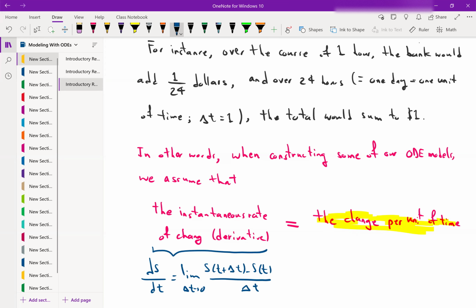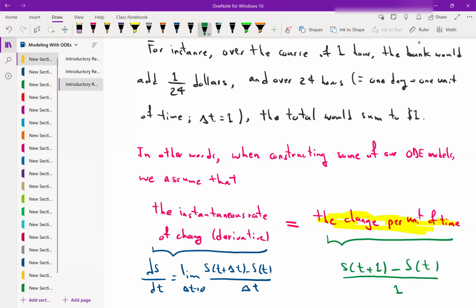And then this right-hand side is s of t plus 1 unit of time, change in 1 unit of time, minus s of t. You can also divide this by 1. Dividing it by 1 or not dividing it by 1 is the same.